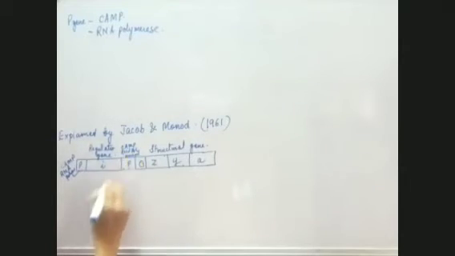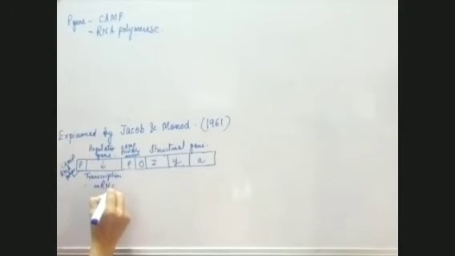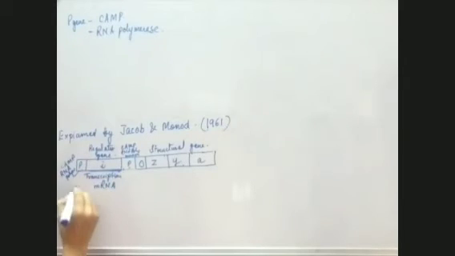When RNA polymerase has bound here, transcription will take place, and as a result a messenger RNA will be produced. This messenger RNA, which is produced by this part of the DNA, is known as repressor messenger RNA.